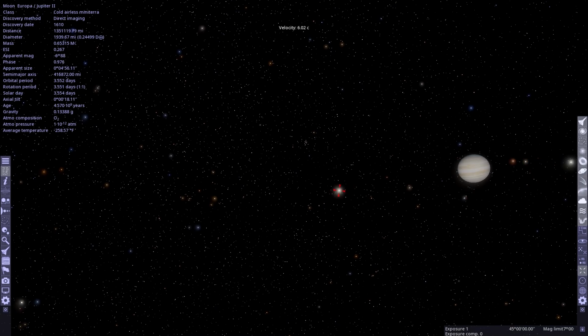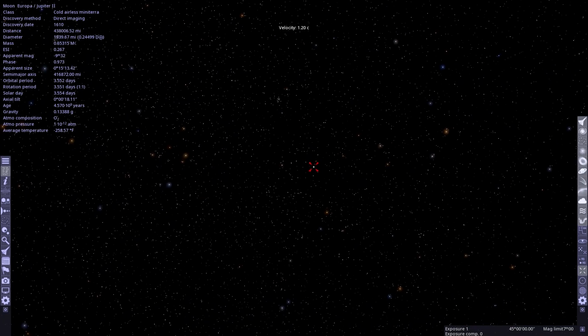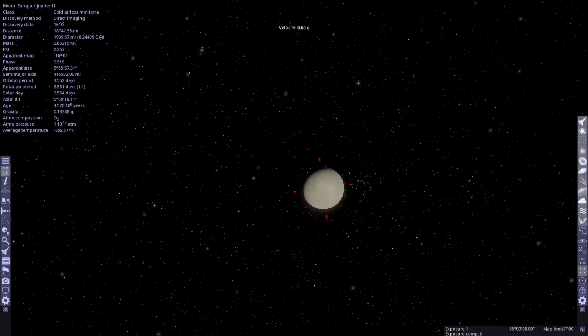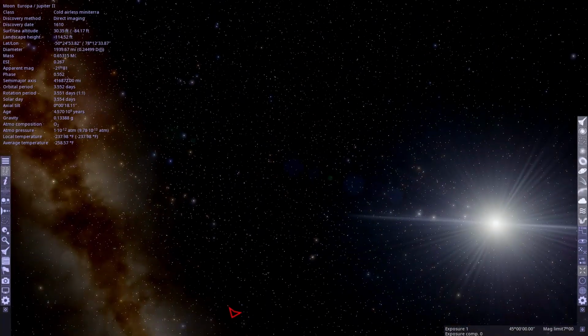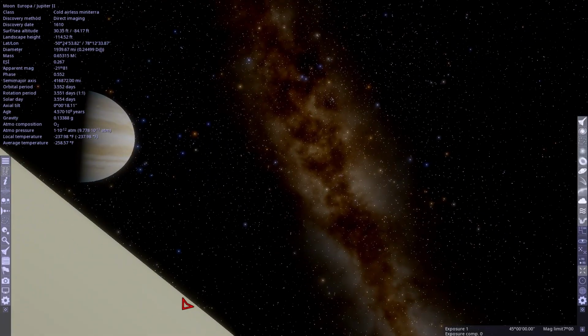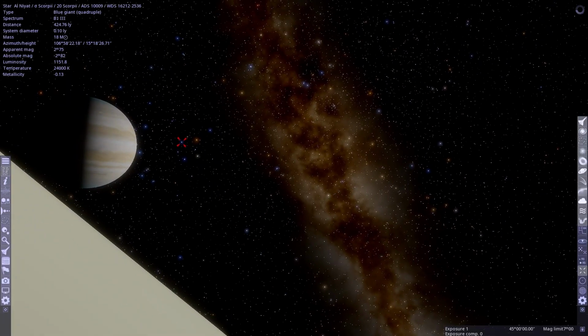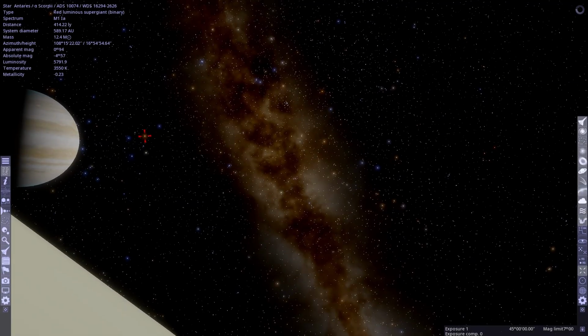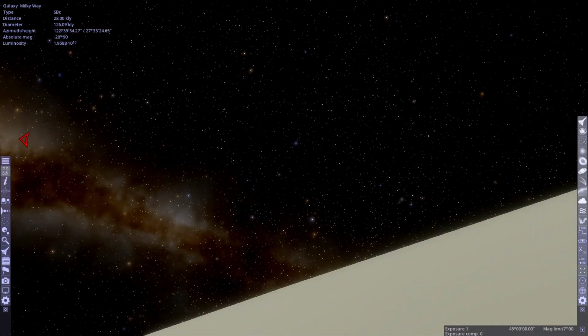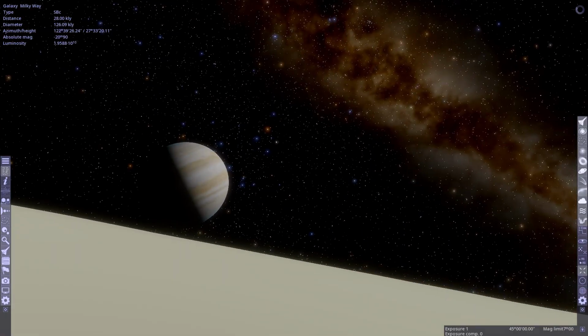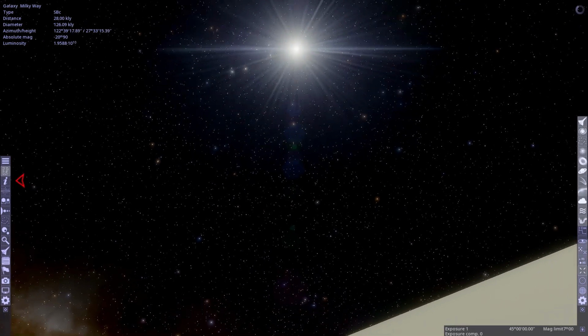So let's go to the one with life, because this is the most likely one to have people looking up from it. Alright, so this is Europa. There might be ice on it, so that's pretty cool. And ice means life. Not directly, actually, so I'm kind of wrong about that. But if we just look up, we can see a really good shot of the Milky Way and Jupiter.